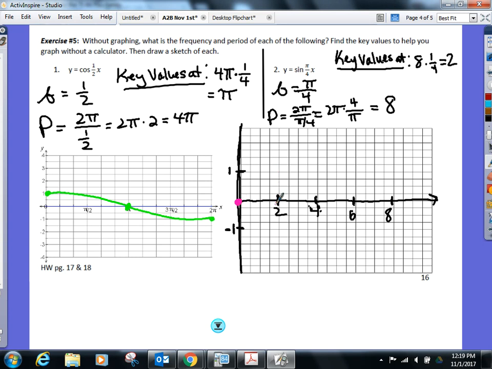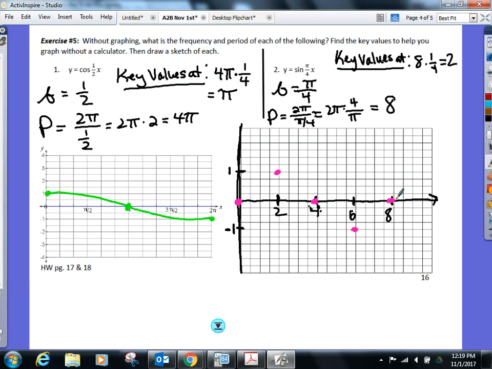So instead of 1 at pi over 2, it's going to be 1 at 2 here. Boom. What's the third key value? I've got 0, 1. Where's it go now? Back to 0. Next key value, -1. The power of knowing those key values on the original curve. And then it ends at, there you go, everybody.